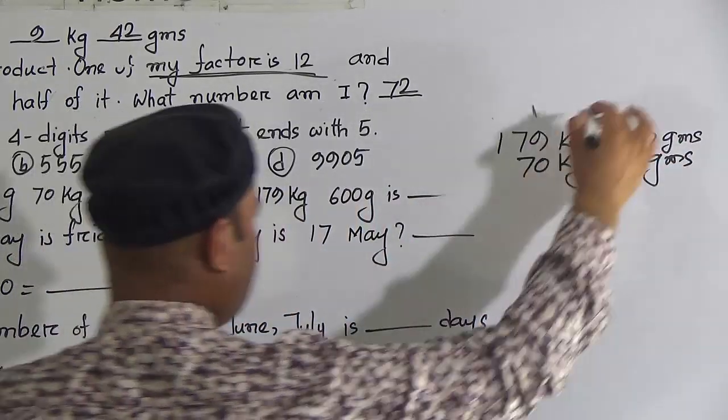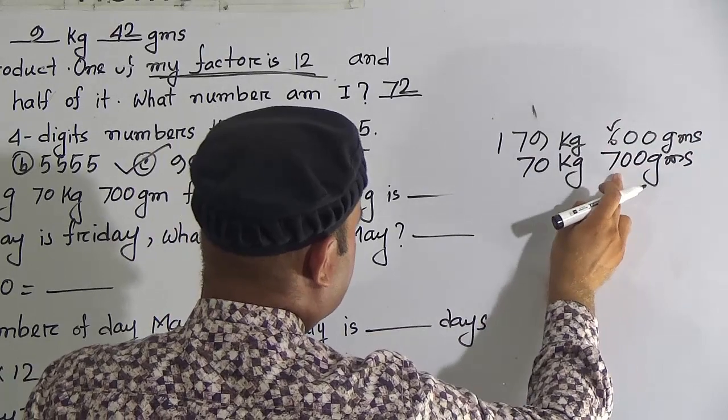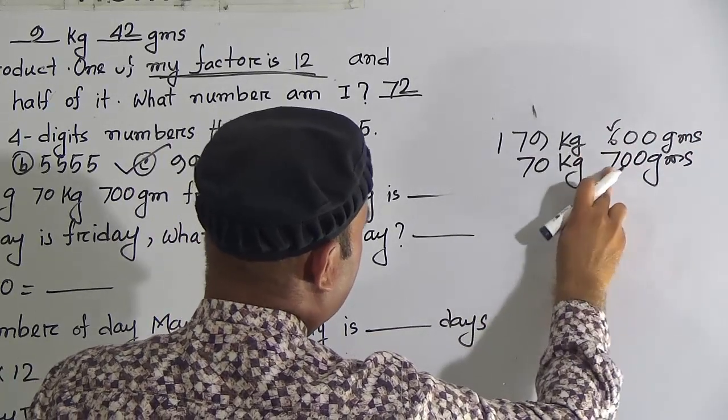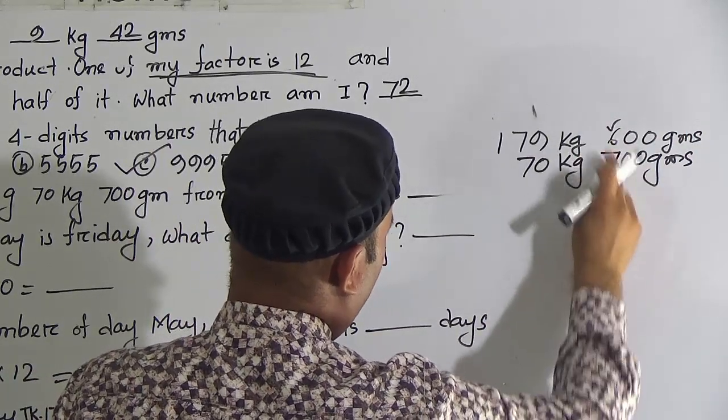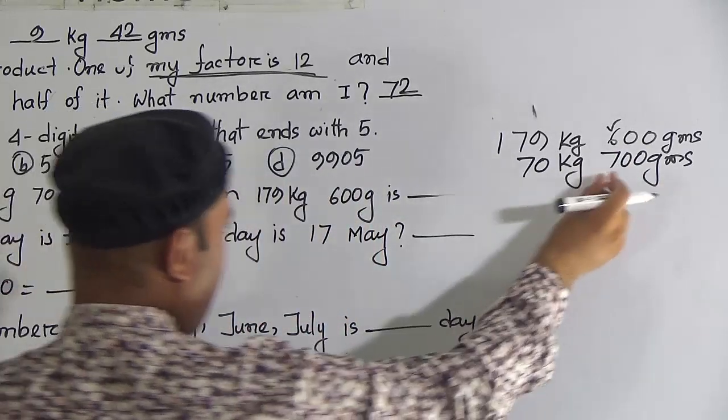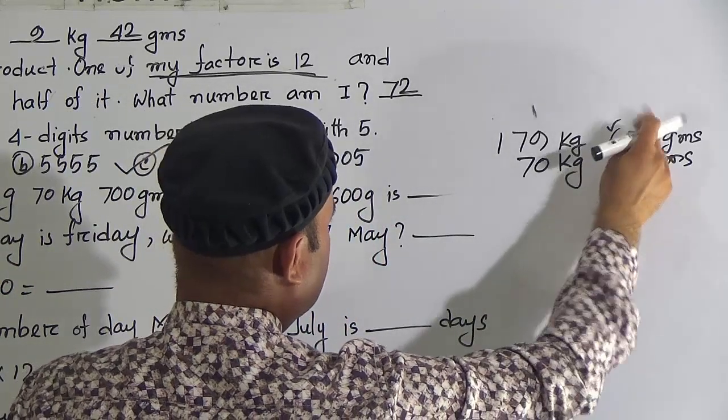Look here, 600 is on top and 700 is at the bottom, and 700 is greater than 600.